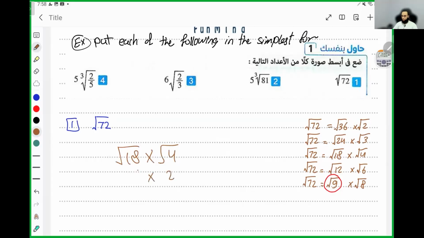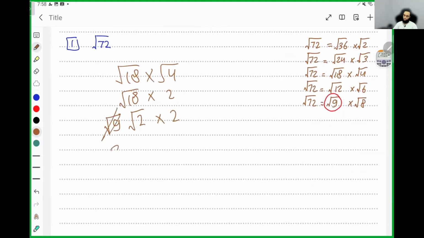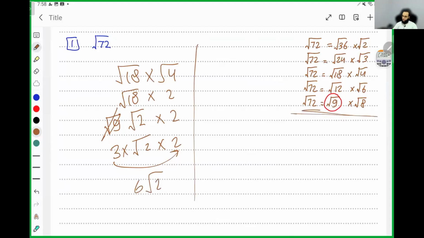Root 18 you can decompose again into root 9 times root 2, times 2. Root 9 is 3, then it's 3 times root 2 times 2. So 3 times 2 equals 6, then it's going to be 6 root 2. Also, if you choose root 9 times root 8, it's the same. This is 3 times root 8. Root 8 you can decompose into root 4 times root 2.